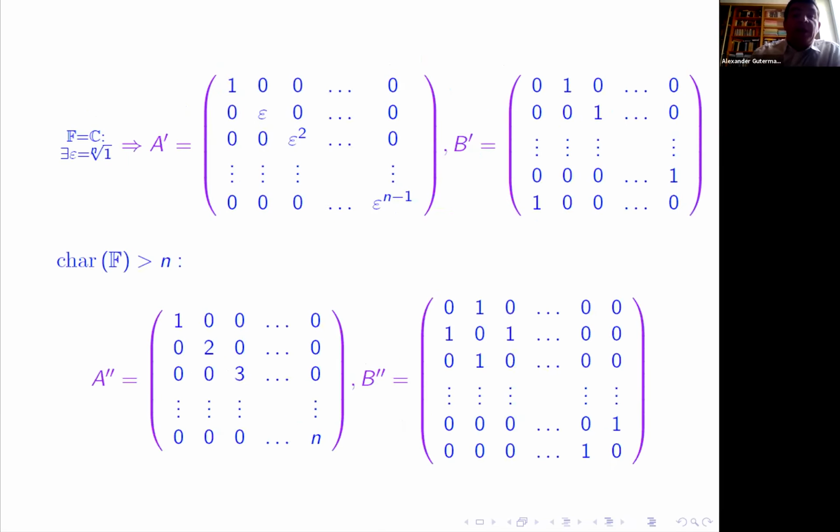There are many other couples that could generate the matrix algebra. Assume that in your field you have an nth root of unity. Then the first couple written here could also be considered a generator. Or if your field is of characteristic greater than the size, then the other couple written here is a generator.